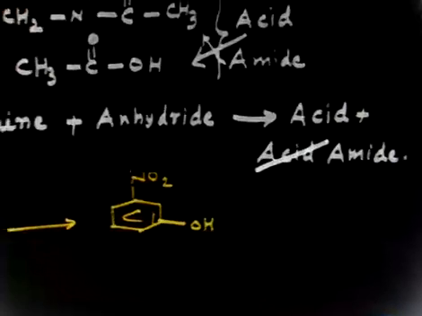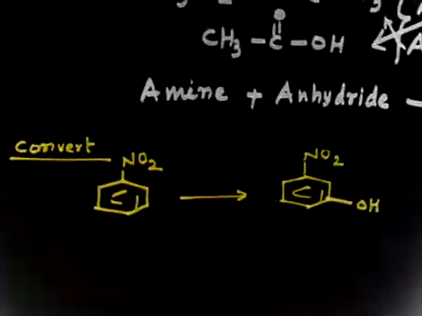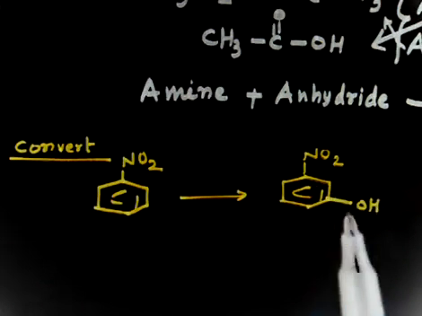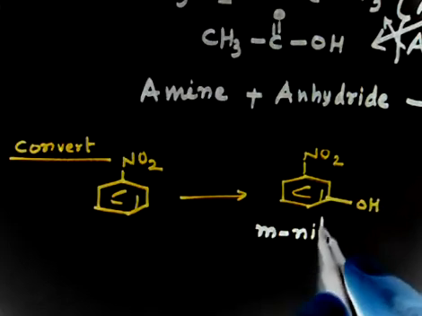Now let us discuss this problem. So you have to convert this compound, nitrobenzene, to meta-nitrophenol. So this is treated as a derivative of phenol, so this is nothing but meta-nitrophenol.